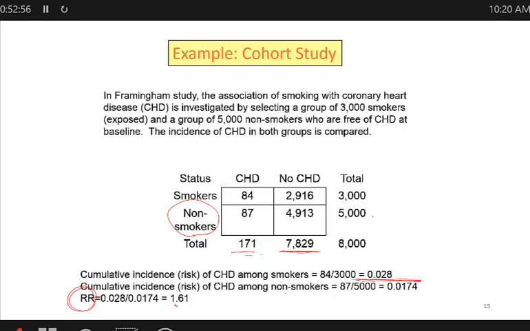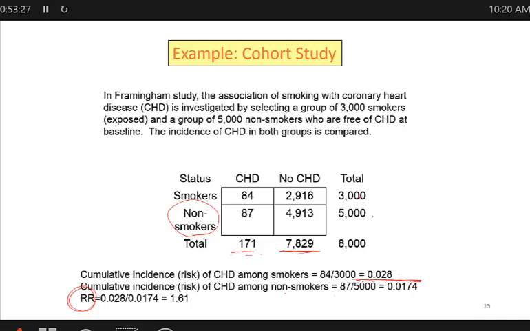So 1.61 means if the risk of having CHD among non-smokers is 1, smokers have 1.61 risk. That means if you smoke, it's 61% more risk of having heart disease, or smoking increases the risk of CHD by 61%. That's how you explain relative risk.